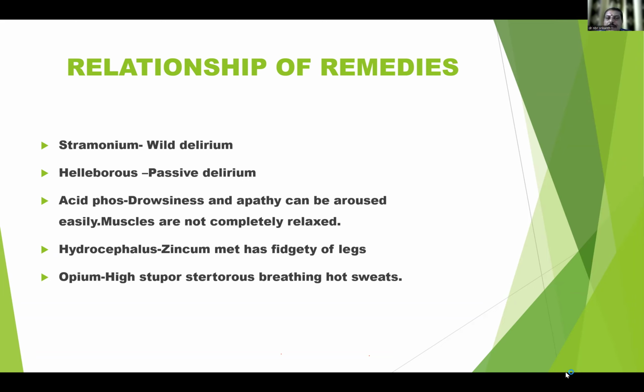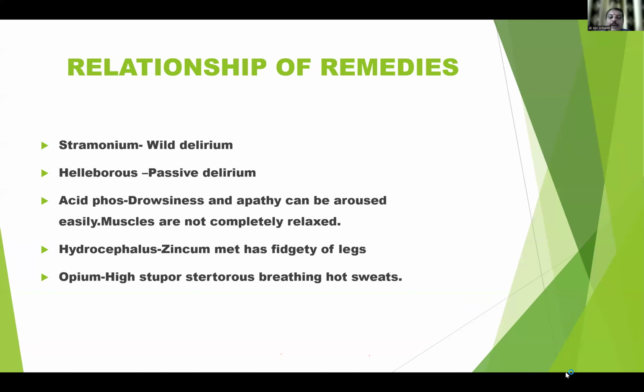There is a complete absence of motor nervous activity, even though there is a small jerking on one side partially, but that is very minute and only occasionally seen. Whereas in Zinc, there is continuous jerking, or continuous fidgetiness of the legs. This is the way we differentiate between Helleborus and Zincum metallicum.